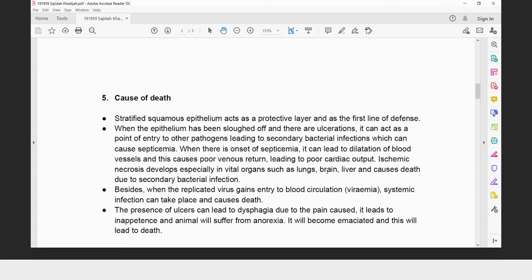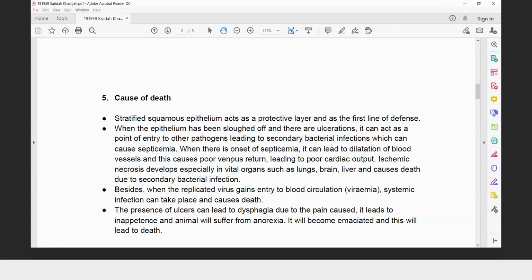Why does this vital organ fail? Actually, it's due to ischemic necrosis, you're correct. Vital organ failure because of ischemic necrosis. Why is there ischemic necrosis? Because of poor cardiac output. You're correct.